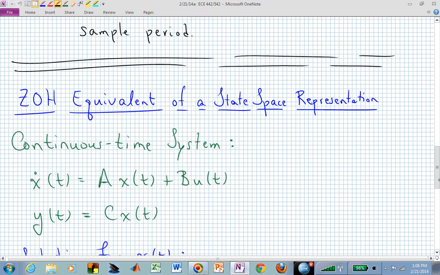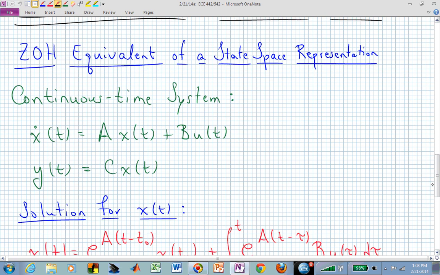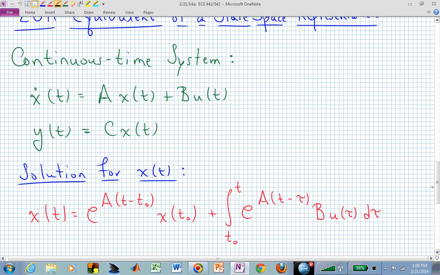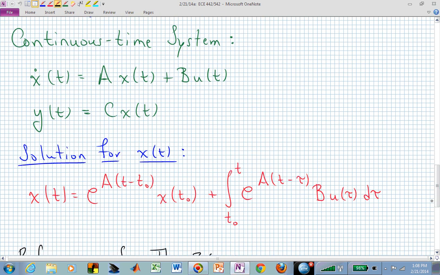Now that we have this goal in mind, that we want to convert this continuous time system by means of a zero order hold equivalent technique, what we will do is actually look at the solution to this continuous time system, and that solution is given by the following expression.